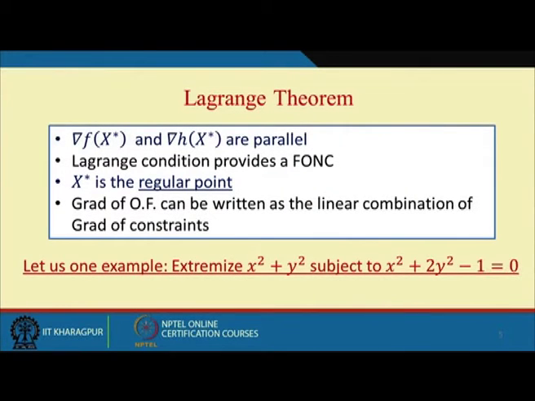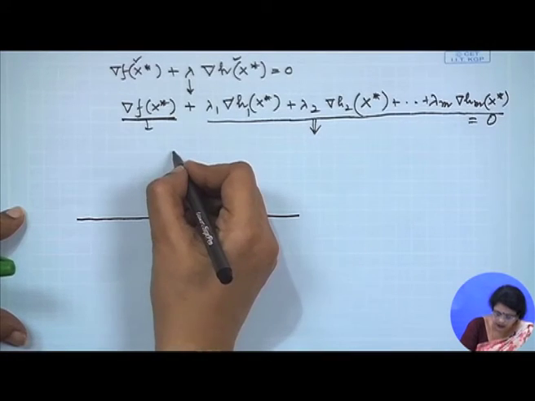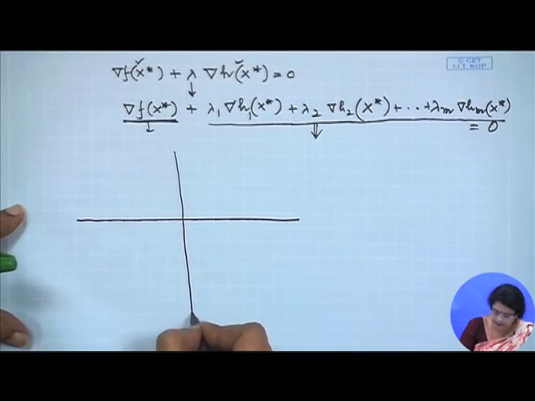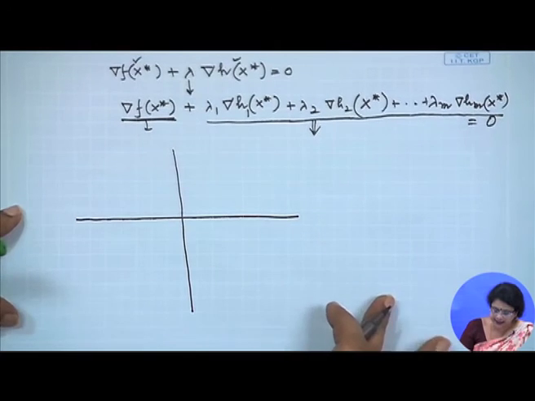Extremize x square plus y square subject to x square plus 2y square minus 1 equal to 0. You can see that the objective function is a circle and the constraint is an ellipse. Let us see what the solution for this problem could be. This is the x and y space.